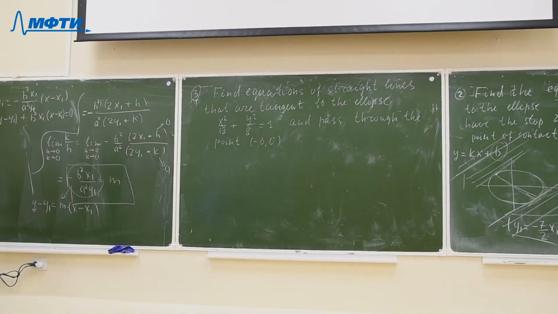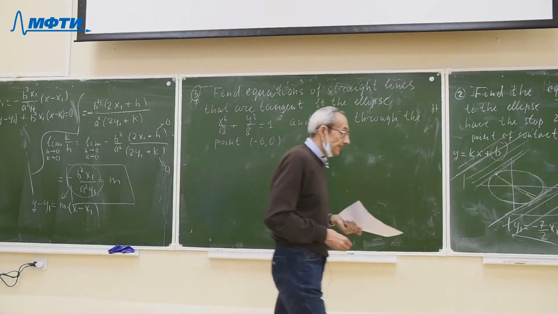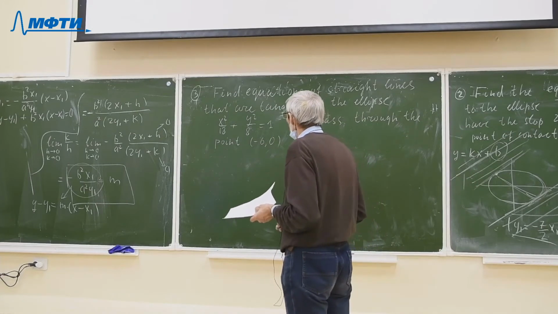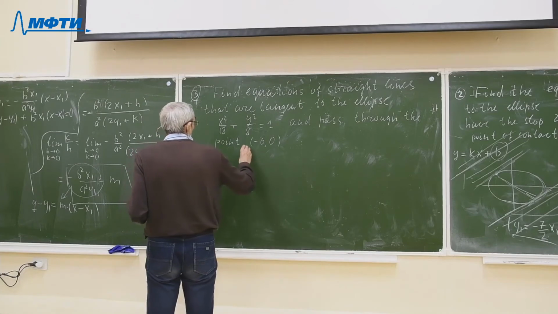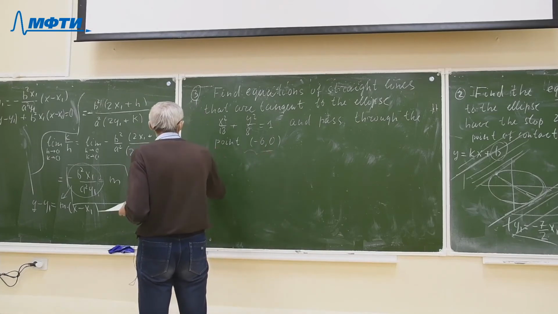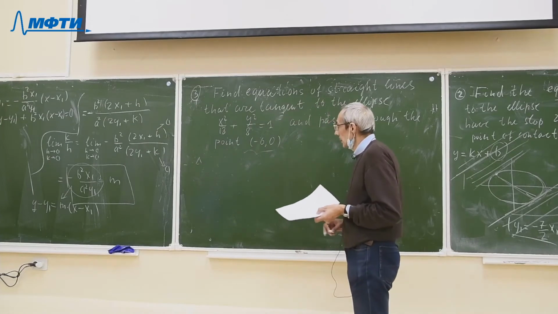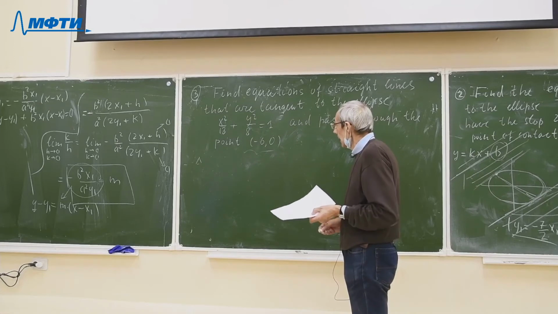In this case, we don't have the value of the slope, but we have exactly the point which belongs to our tangent.